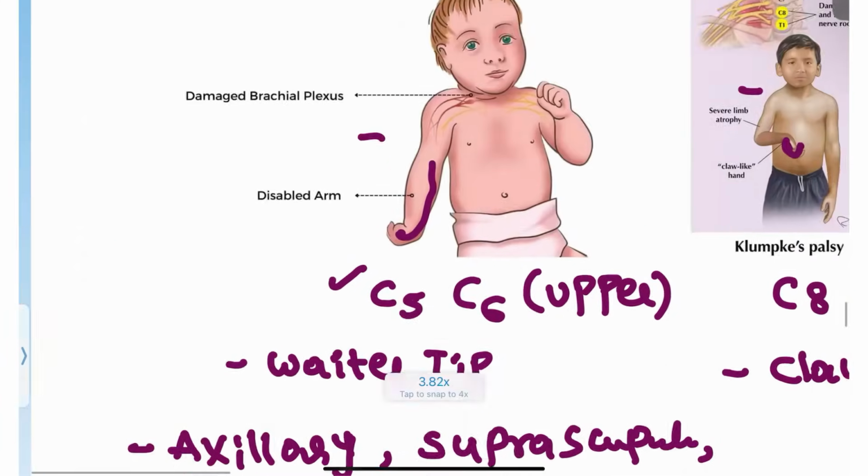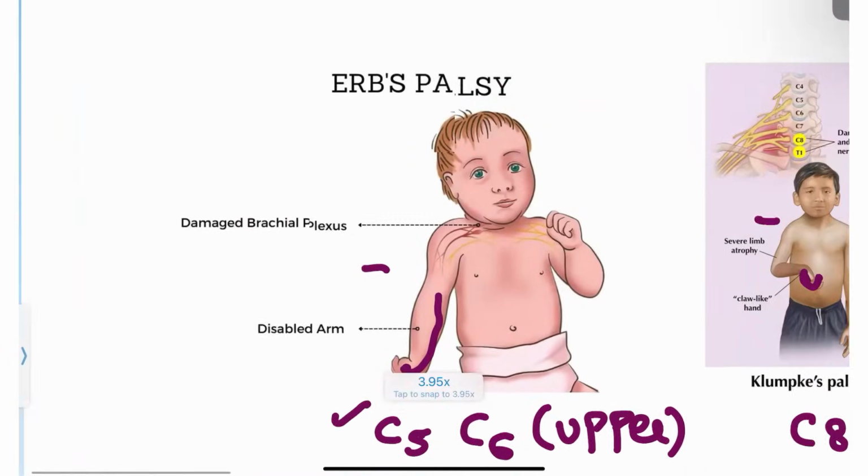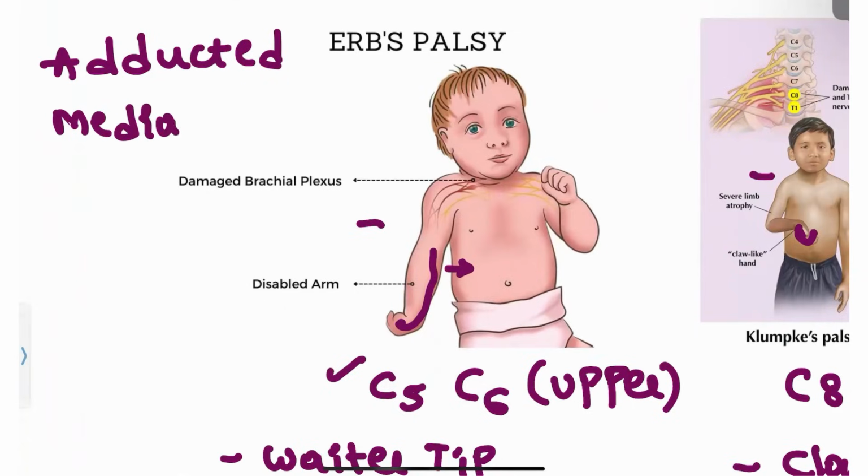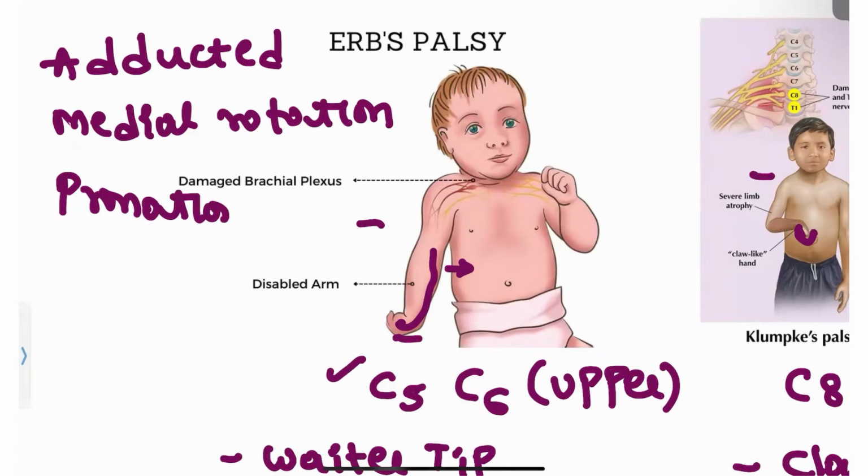Next, along with that, what is the defect that you can see here? The arm, how it is adducted, right? It is adducted towards the midline, and also medial rotation or internal rotation, and along with that pronation, and elbow extended, right? The elbow is extended.